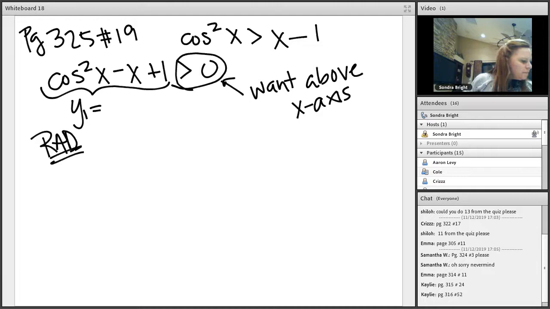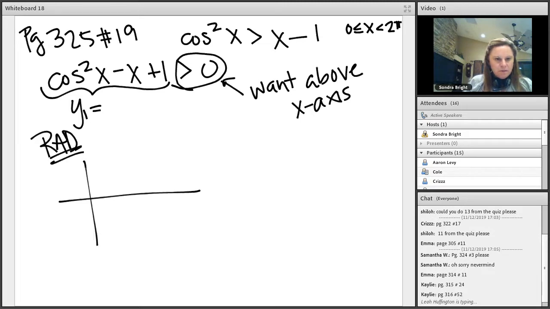They want it from x is greater than or equal to 0 and strictly less than 2 pi. And so it looks like something like that. And so I want when it's above the x-axis, so the part I want, I'm going to give all of the x values that correspond to this part here.